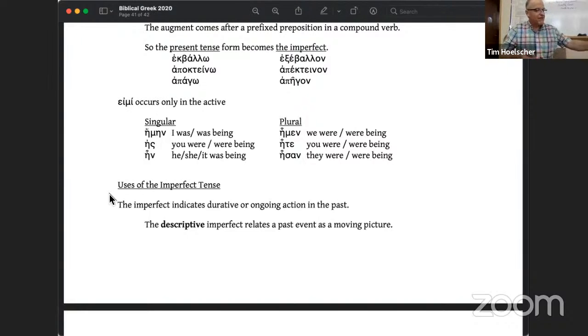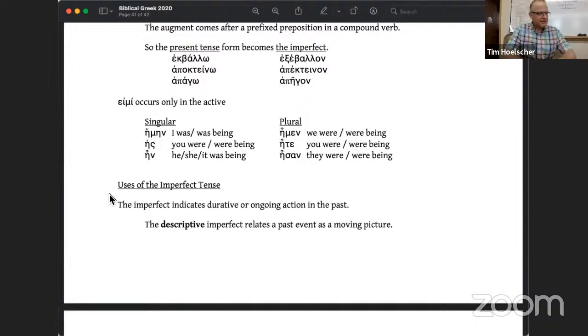So they're taking a form that looks like it would be middle or passive, and they're treating it as an active, using it that way. So there are some questions about why it does that in those cases. I have lots of questions about why you would have that. In other words, maybe there is a little bit more of a middle sense in a couple of those passages.